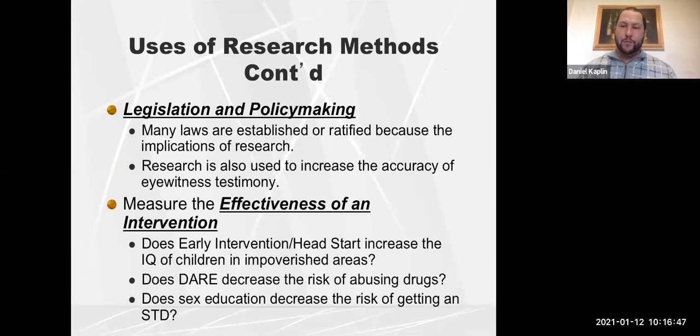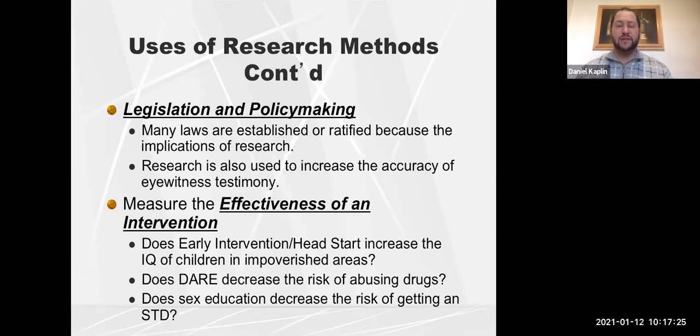A third use of research methods is legislation and policy making. So research is responsible in guiding policy. So if you are trying to decide whether or not to include a bike path in a park, and you are a part of city council, you might survey members of your community, your constituents, right?